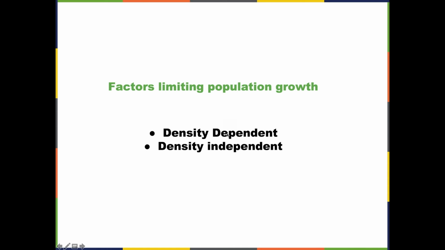Density dependent means these limiting factors become more of a problem when the population is more dense, when there are more people living in the same area at the same time. The ones that are density independent limit population growth regardless of how many people live in the same area at the same time. So let's take a look at what some of these are.